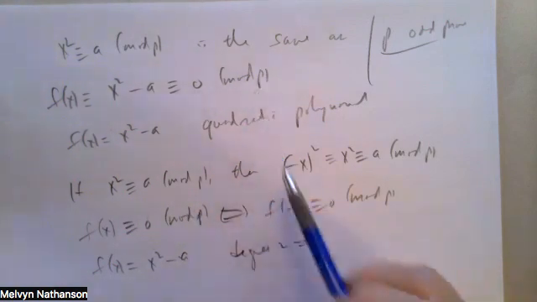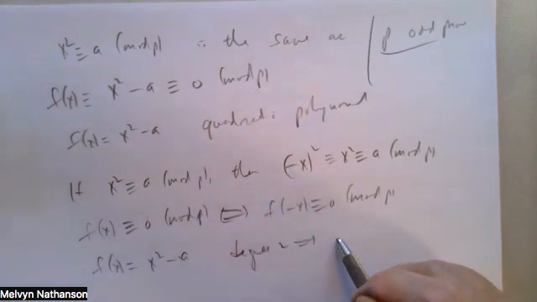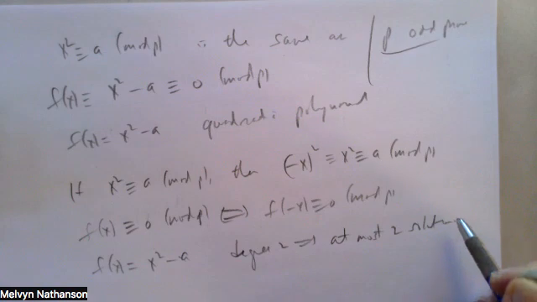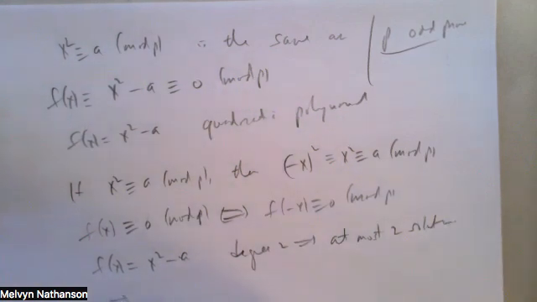And the integers mod p form a field. So this congruence has at most 2 solutions. Which means what?